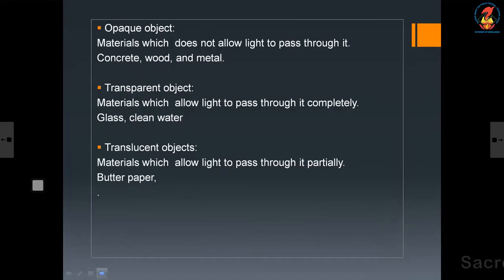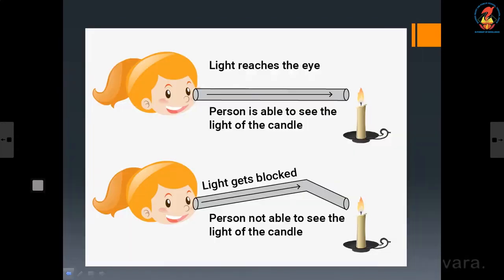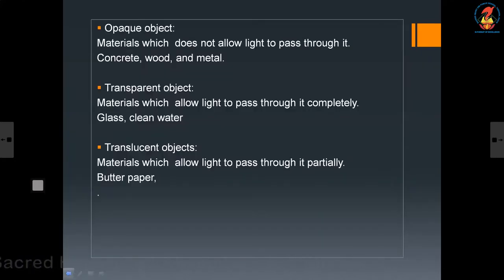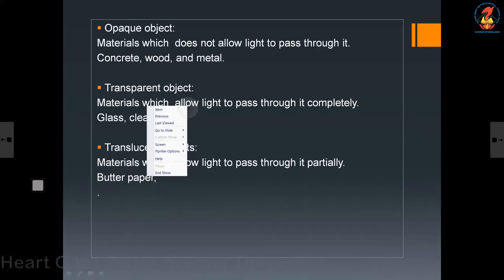Now, the definitions are given like this. Opaque objects: materials which do not allow light to pass through them. Transparent objects: materials which allow light to pass through them completely.